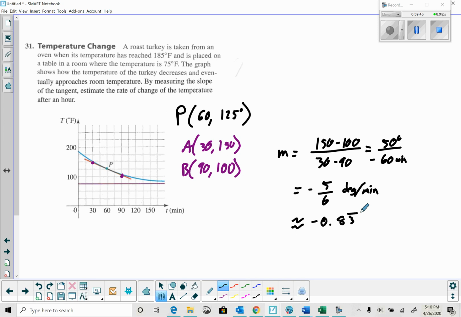I'm not sure how they're expecting that you should get those. Again, it's not a parabola, it's not a line. We're looking for the slope at that point of tangency. As long as you came up with something in the ballpark there, I'll be happy with it.